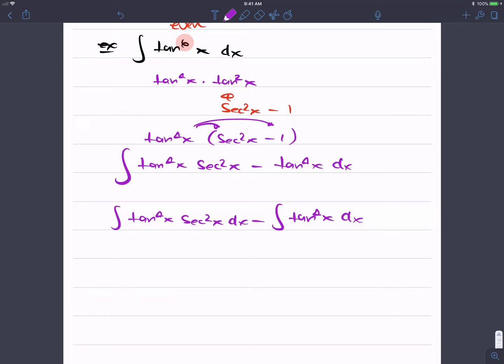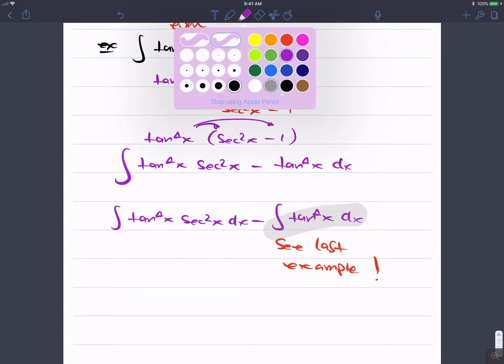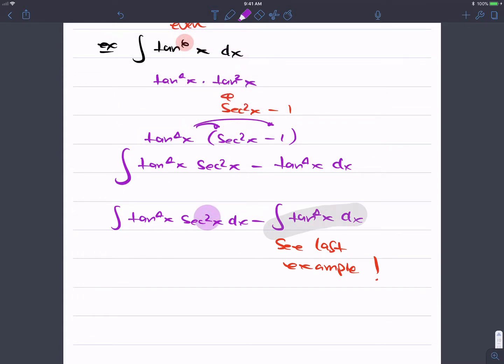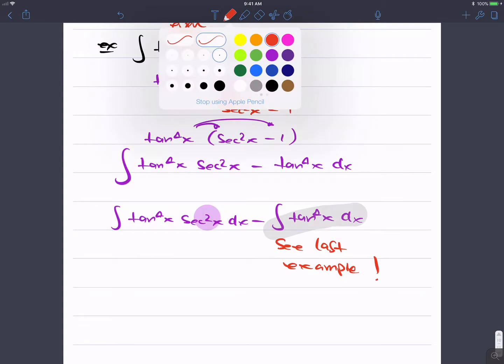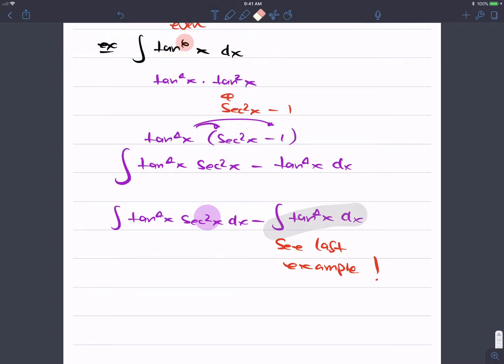I'm going to say to you here, this integral, see last example. We already did that one. What we're going to focus on here is this problem. And notice again, you have an even power of secant.